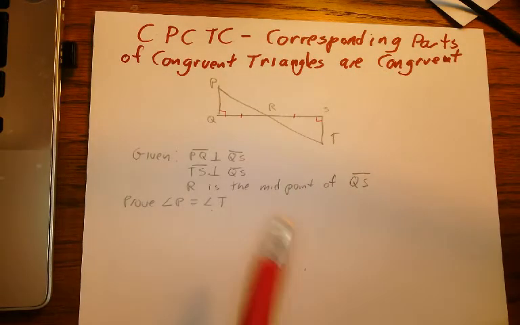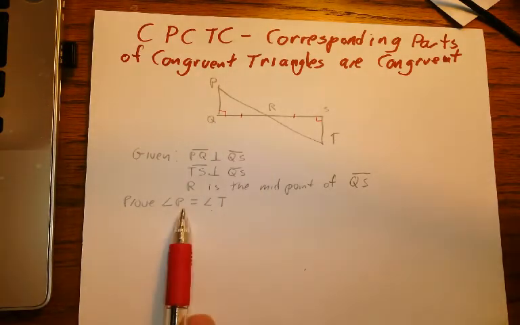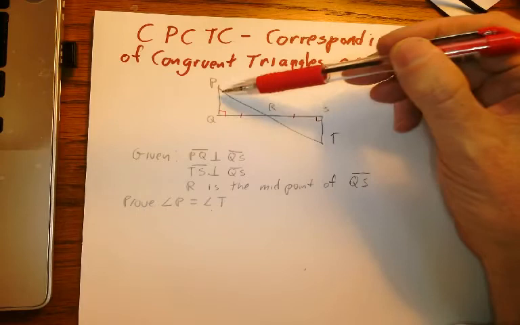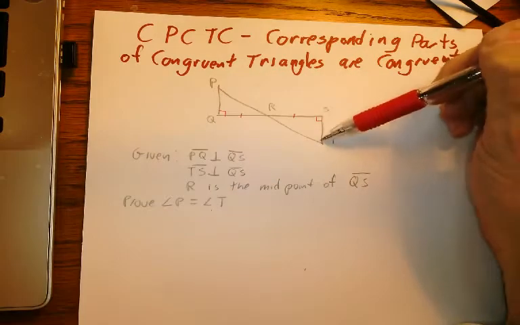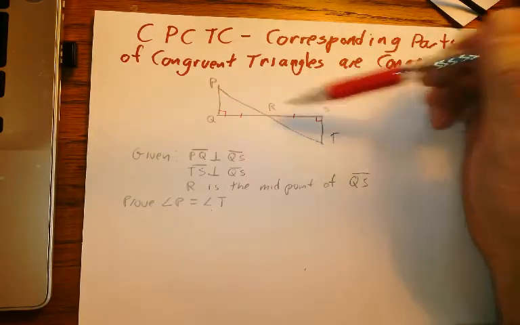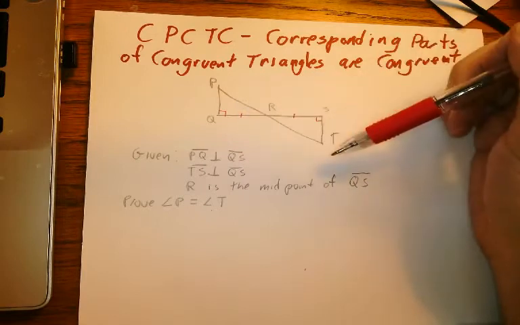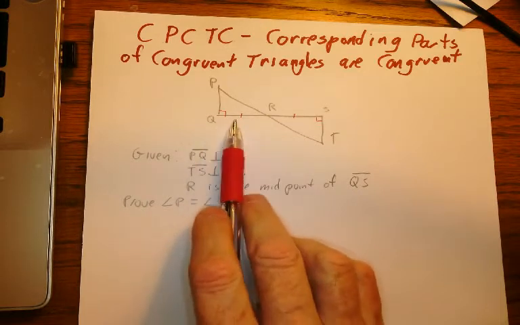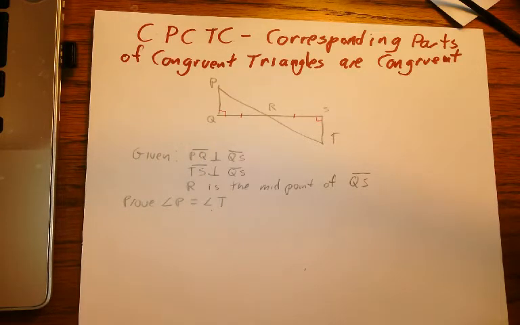Now, to prove these two triangles, because those are the triangles we need, if you look at where P is, here's P, angle P, and angle T is here. So there's angle P, angle T. They're inside these two triangles. So first, before we can do this, we have to prove the triangles congruent. We have an angle and a side. We need something else.